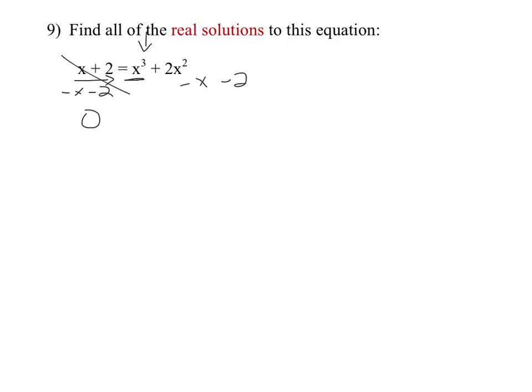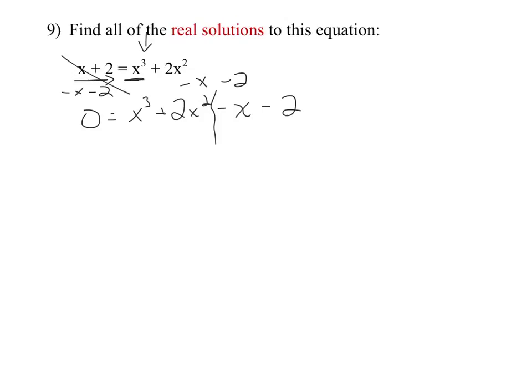So this side is 0, and we're left with x cubed plus 2x squared. And I'm doing this in descending order. Remember, descending order means that the exponent's 3, then 2, then 1, then 0, and you're done. 4 terms.